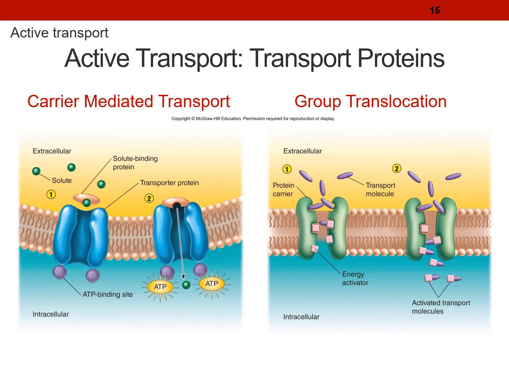By coupling transport with modification, the cell conserves energy. Although not shown here on the right, the transport protein in group translocation also requires ATP.